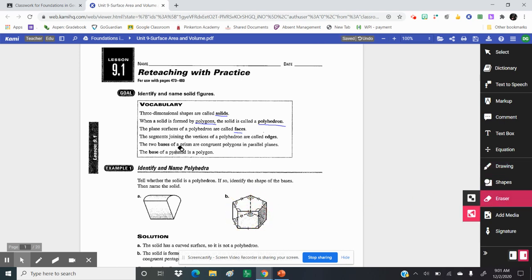And the two bases of a prism. So now here again is a new word, prism, right? So if it's a prism, it's going to have two congruent polygons that are parallel. So if you think about a box, which would be another way of calling it, a rectangular prism, right?